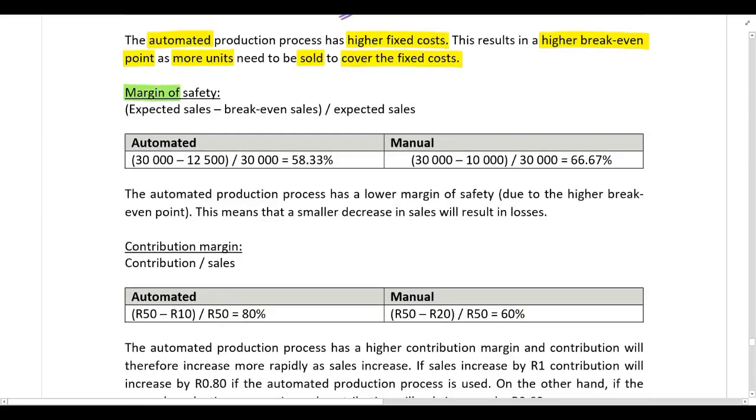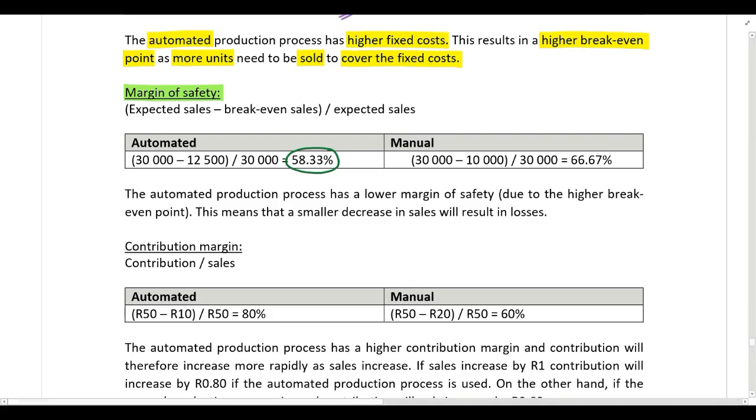Then remember, the margin of safety tells us the maximum that sales can decrease by until the break-even point is reached. Or in other words, the maximum that sales can decrease without incurring a loss. So if the automated production process is used, sales can decrease by 58.33% before a loss is incurred.